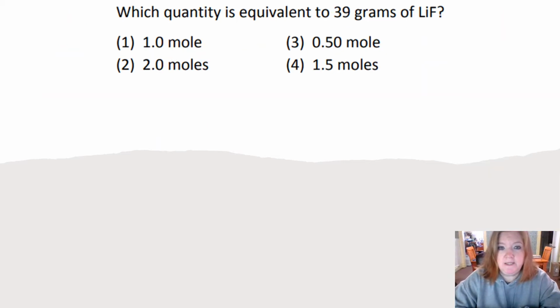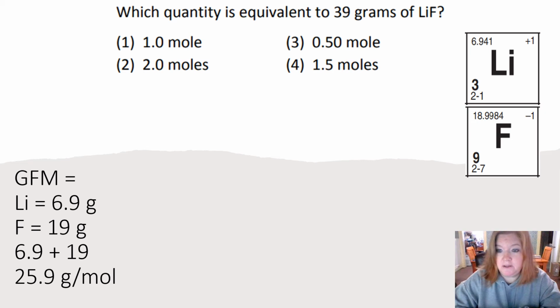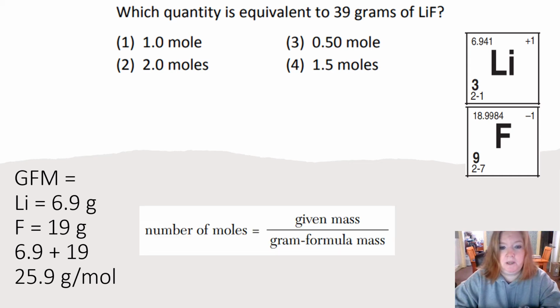All right, which quantity is equivalent to 39 grams of lithium fluoride? Well, there we go. We have to find the gram formula mass, 1 lithium, 1 fluoride, add them up. We have to use this formula. We're trying to find the number of moles.